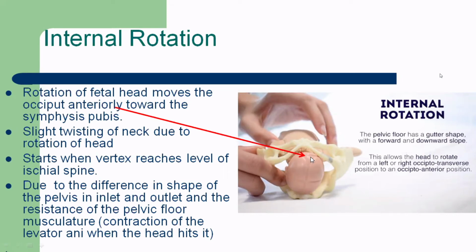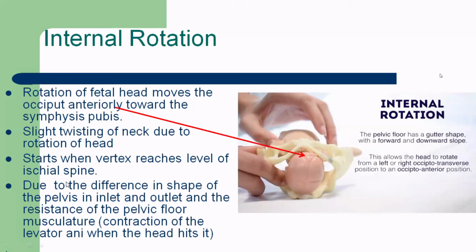After complete internal rotation, the position of the fetal head is direct occipito-anterior, OA. Because of this rotation, there is slight twisting of the neck, because the shoulder does not rotate at the same time. It starts when the vertex reaches the level of the ischial spine of the mother.